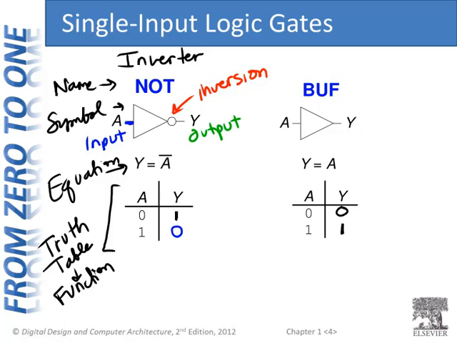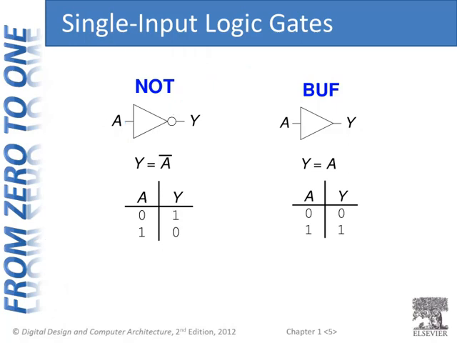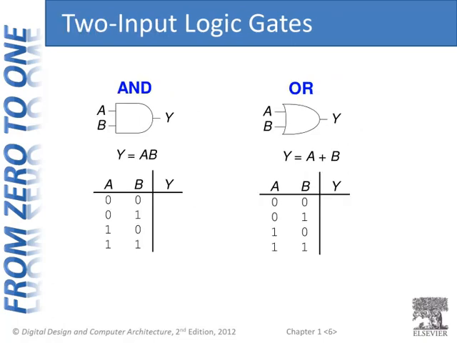And now let's talk about the two input logic gates as well. So we have an AND gate here on the left. The symbol is a line with a rounded end on the output.